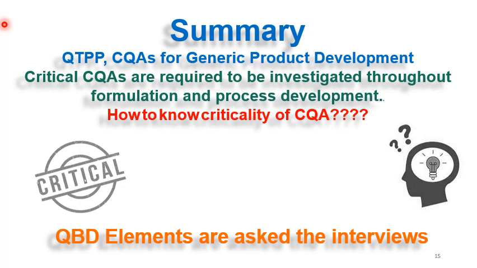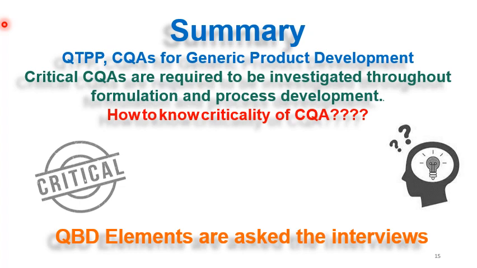Whatever things are affecting the critical CQA, these are always required to be investigated and monitored. So if you wonder how to know the criticality of a CQA, how can I know whether the CQA is critical or not?